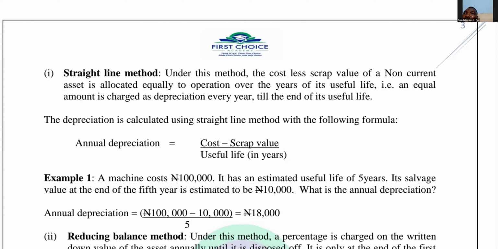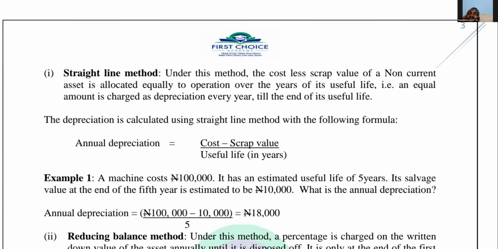So for any asset purchased during the year, if the company does not state that their policy is to recognize full depreciation in the year of purchase, then you cannot go ahead and do that.